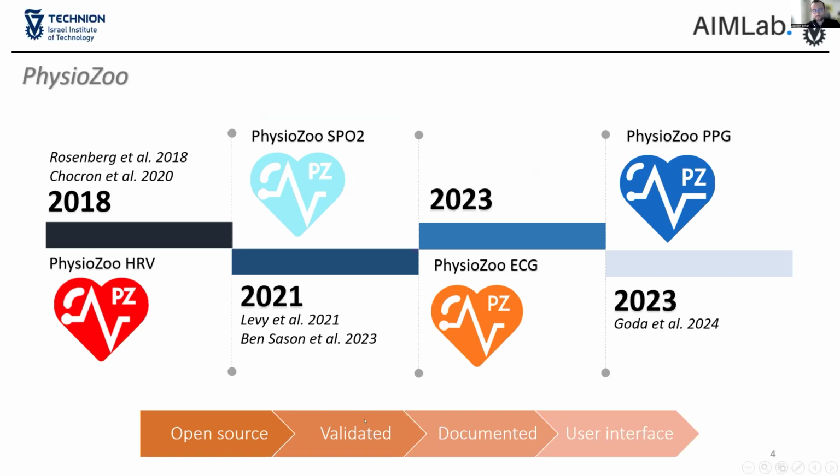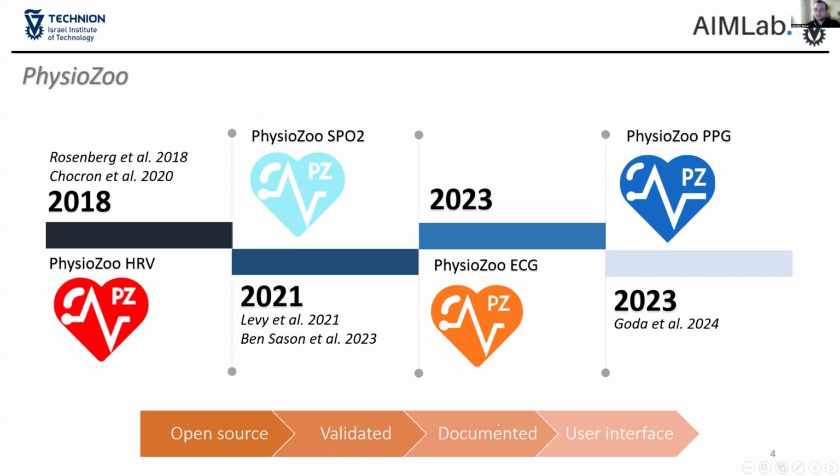By validation, I mean that we spent quite a lot of work making sure that what we implemented reflected the original biomarkers developed by others in the original papers. And we documented that quite extensively.